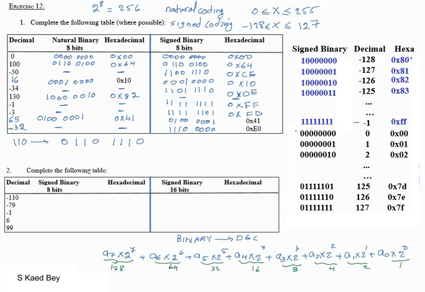So that would be 64 plus 32 plus 8 plus 4 plus 2. A bar, in this case, is the opposite. So 0 becomes 1 and 1 becomes 0.